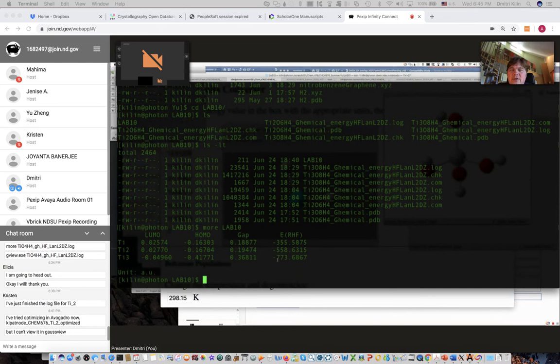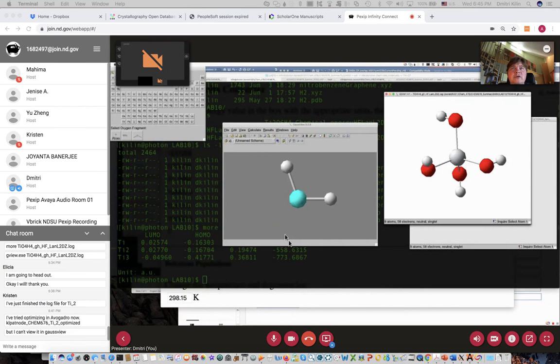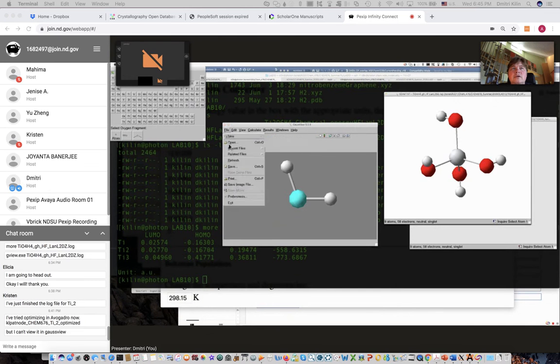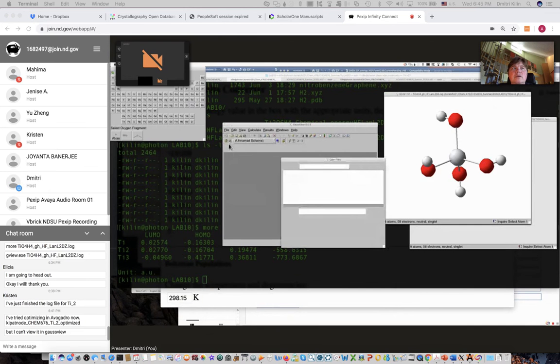So let me open the files and see how they appear visually. File, open. View.